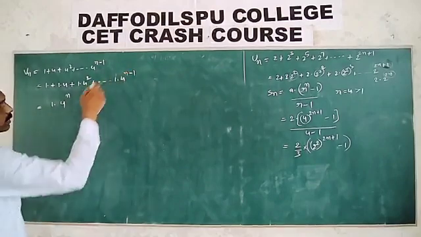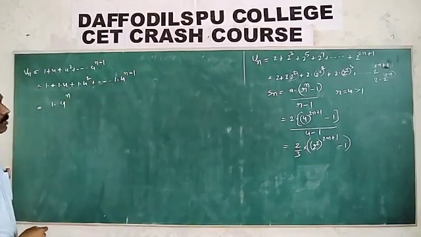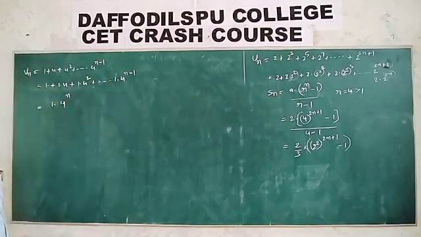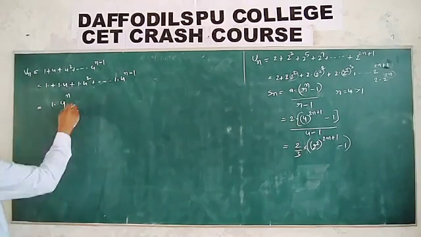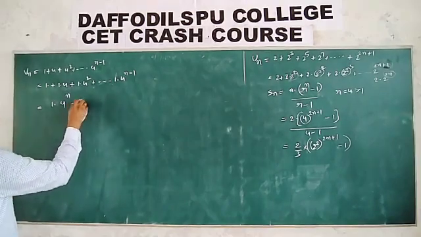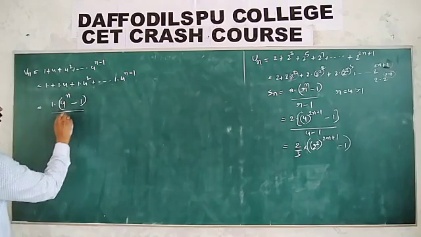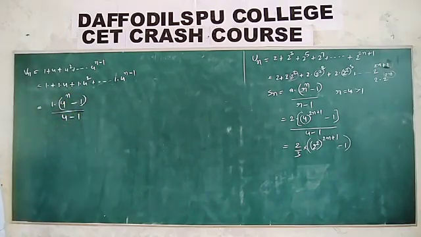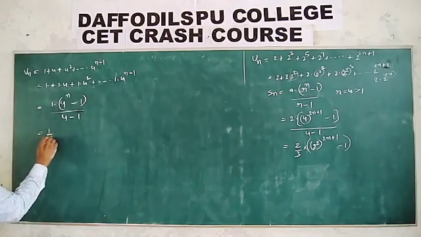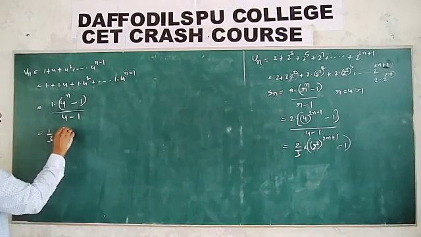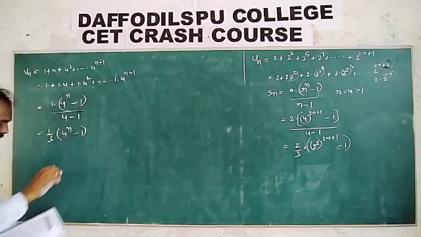Here is n minus 1, the last term, that is 4 power n minus 1. This is equal to 1 by 3, 4 power n minus 1.